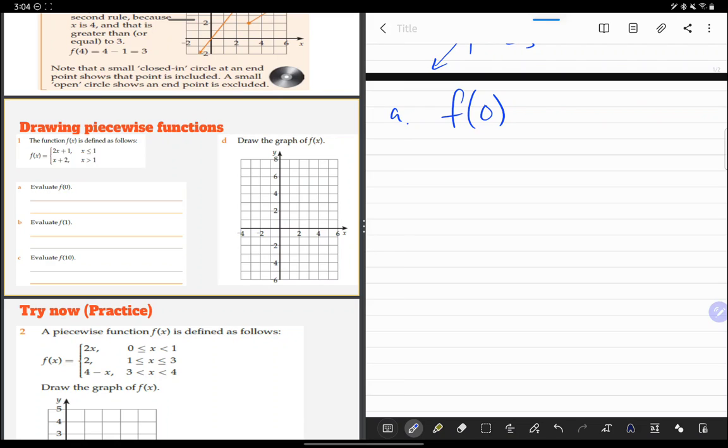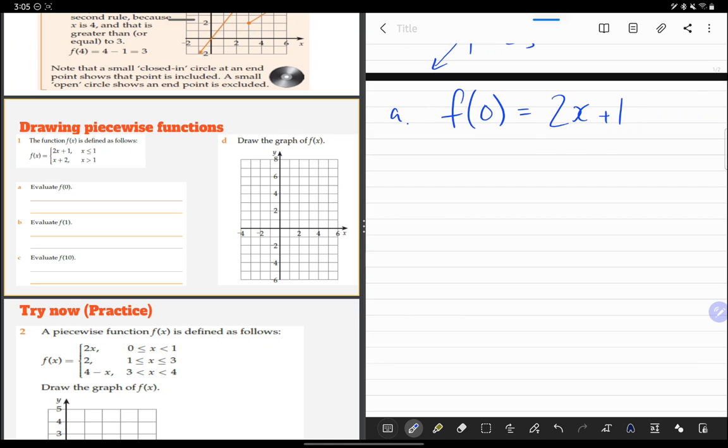When x is 0, we don't use this one. This one does not apply. That's when x is greater than 1. So we use that first one, 2x plus 1. This one applies. So let's check that in.